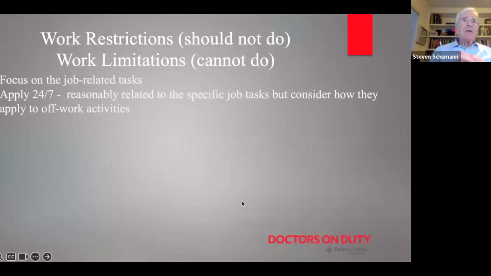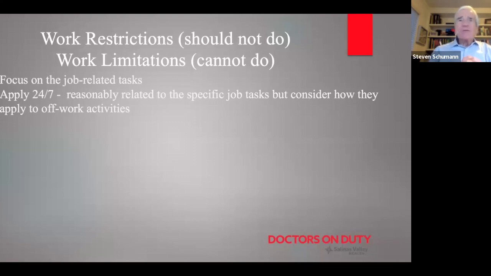So, in writing work restrictions and limitations, we should focus on the job related tasks. What we want is that the restrictions and limitations apply to what the employees are doing on the job and as narrowly focused as we can.